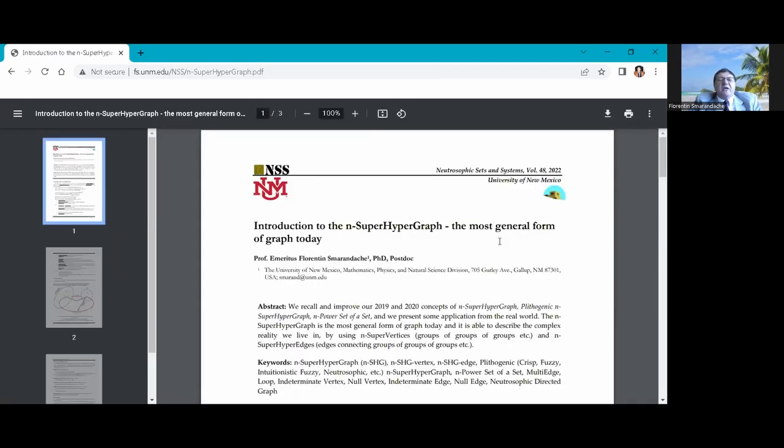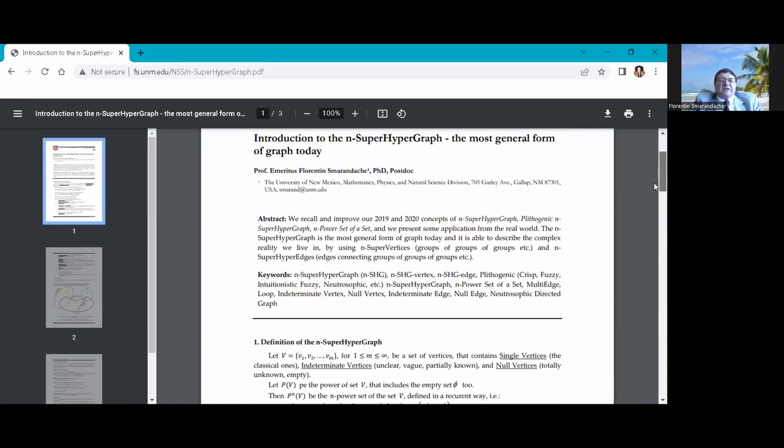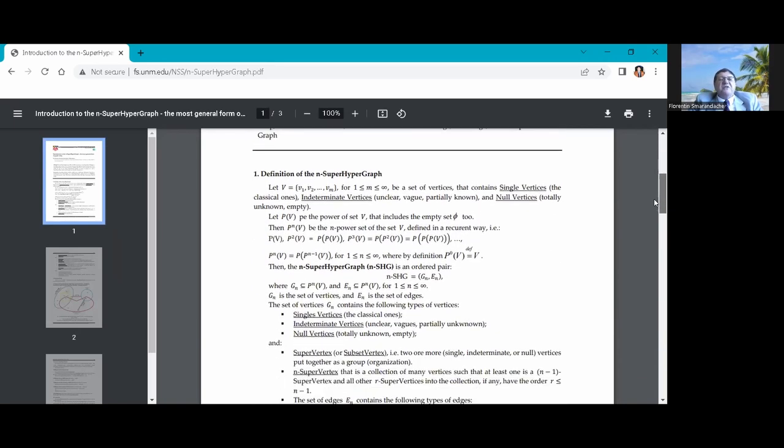Okay, let's consider now the super hypergraph. In the same way, we have all kinds of connections, and this one is considered the most general form of graph. And we have, for all of them, the vertices. So the definition is the following: the vertices are grouped in sets of vertices, and then sets of sets, then of sets, and so on.